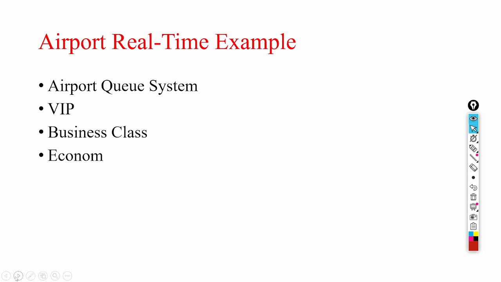I will give one real-time example: the airport queue system. The passengers are separated into different queues. In an airport, there are some VIP passengers, and the VIP passengers receive higher priority.